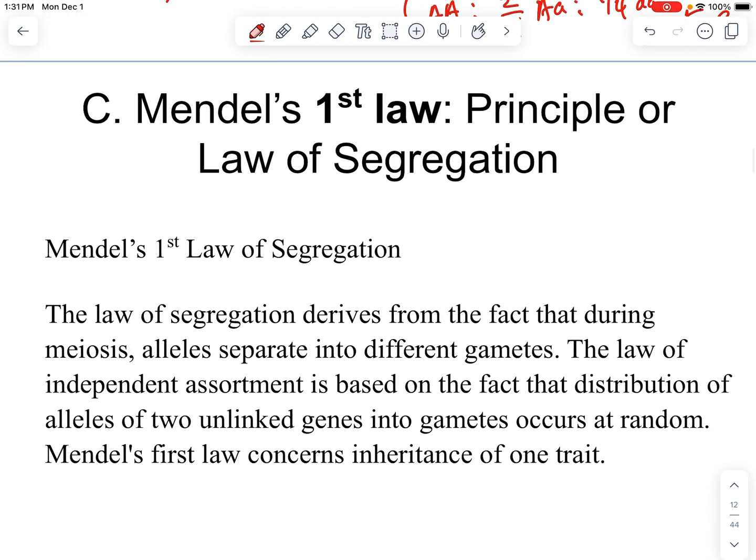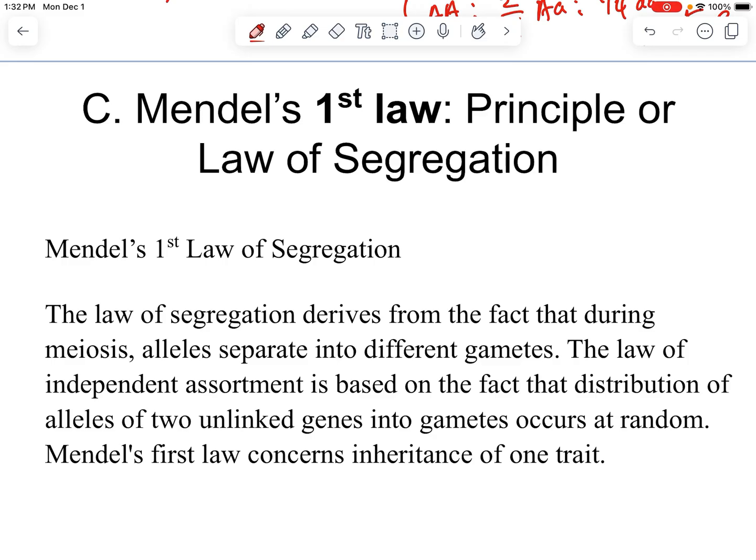Now, in terms of understanding how this works, and this is where some of you guys have a little bit of trouble with meiosis, is something called the law of segregation, which derives from the fact that during meiosis, alleles separate into different gametes. What that means exactly is that when you have duplicated chromosomes and they separate, they each go into their own gamete.